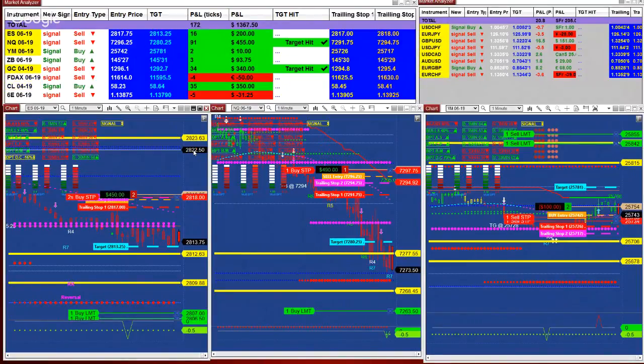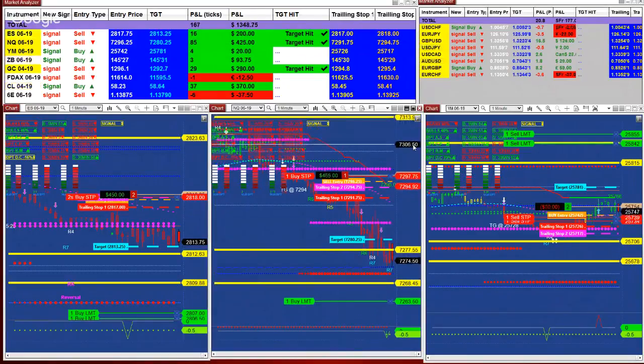So right now, as an example, on the Nasdaq, we have an entry price signal sell at 7296.25. The target is 7280.25, target hit. And as you see, the target has been hit.